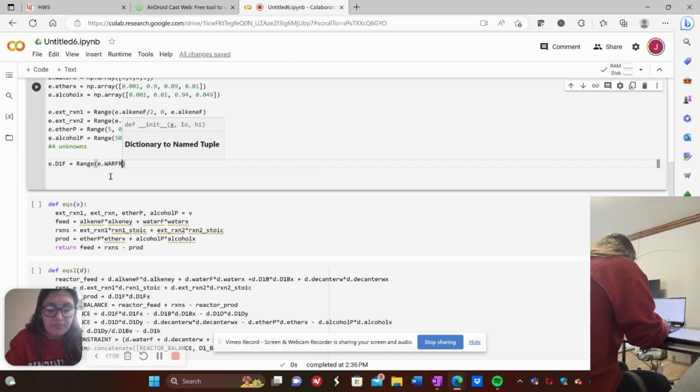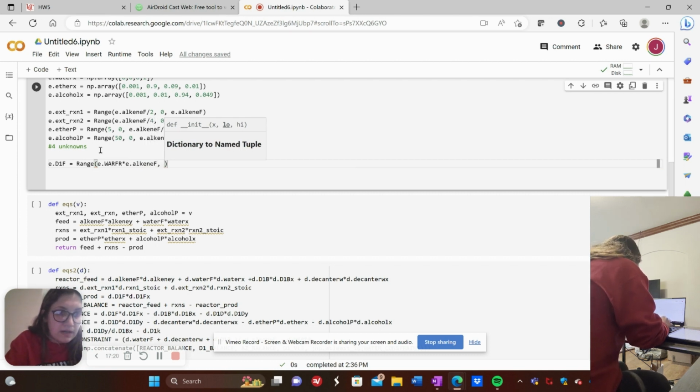So our feed in is always going to be at least this ratio times the alkene feed. So that's going to be our guess. Our lower bound is going to be 0, and our upper bound is going to be 2 times what our initial guess was.